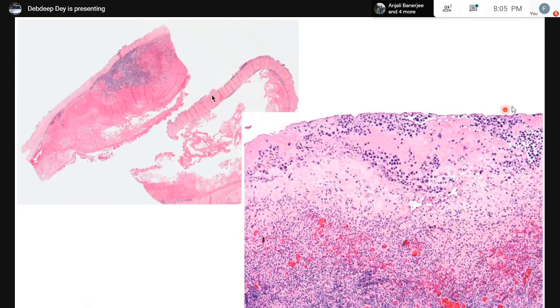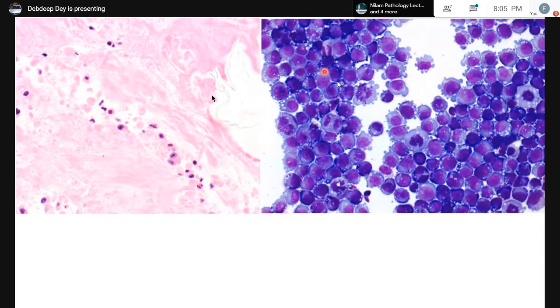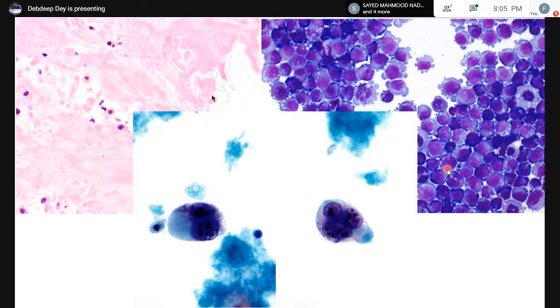As you can see here, there is fibrin, hemorrhage, and these atypical lymphoid cells. Not much, but it's still there. But the fluid actually showed a lot of large lymphoid cells with numerous mitotic figures, some of them multinucleated cells with prominent nucleoli.